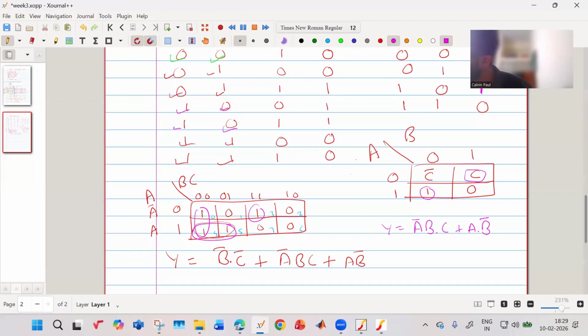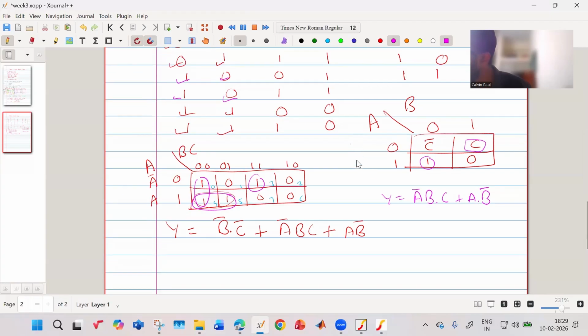The next term which we will get is for C bar. What you can write is this 1, the 1 which is over here, you can write it as C plus C bar. Suppose you write it as C plus C bar.